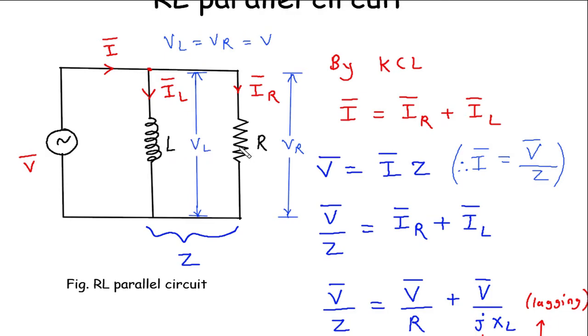This inductor and resistor will have impedance Z. Now if we apply KCL at this node, I phasor is equal to IR phasor plus IL phasor. Also according to Ohm's law, V phasor is equal to I phasor into impedance Z. Now from this equation, I phasor is equal to V phasor divided by Z. Now if we replace this I phasor by this value, V phasor divided by Z is equal to IR phasor plus IL phasor.